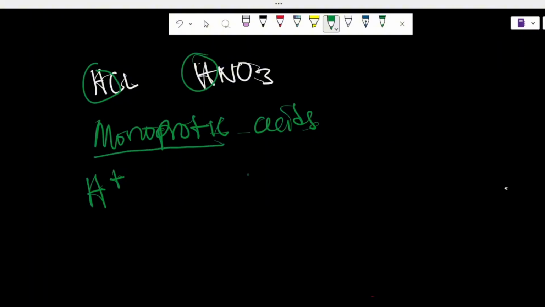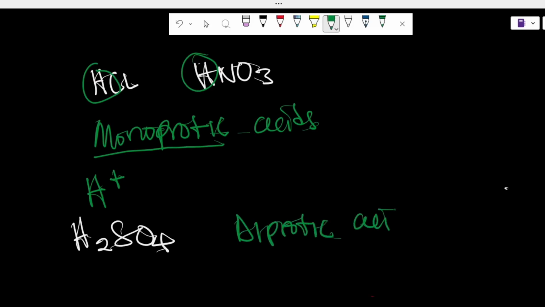So mono means one. Now for acids like sulfuric acid, when you look at it, you see that this is not a monoprotic acid. Instead, this is called a diprotic acid.